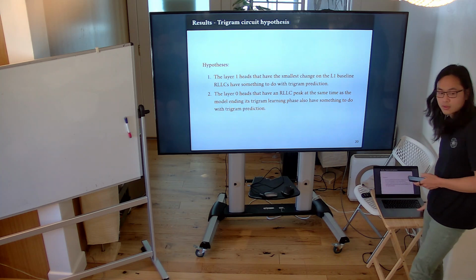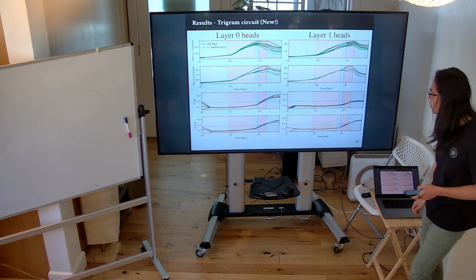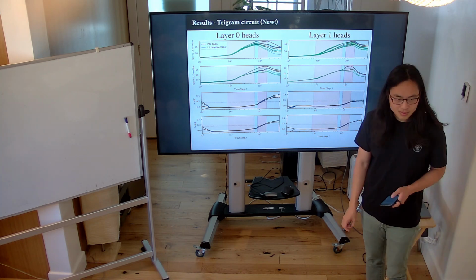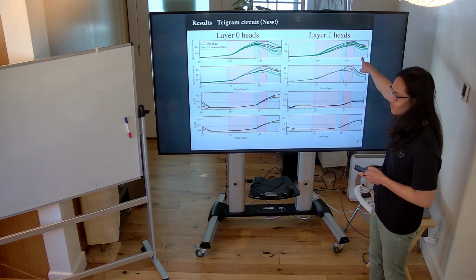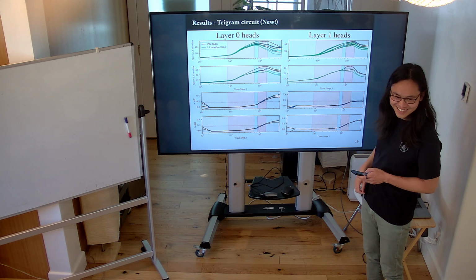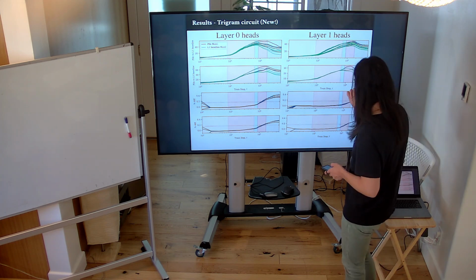Before we go on, maybe you didn't give the punchline of this slide. What does this say about where the information in the layer 1 baseline behavior is? It's in the layer 1 heads.